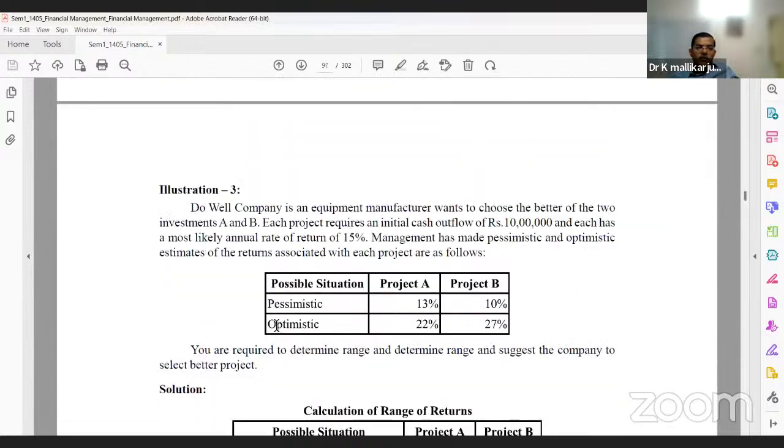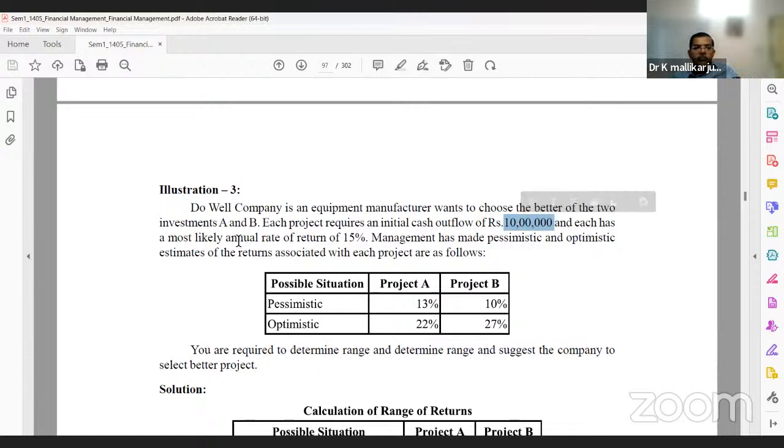Okay, so here the problem is given. Do Well Company, an equipment manufacturer, wants to choose the better of two investments, A and B. Each project requires an initial cash outflow of 10 lakh rupees, the same amount for both.